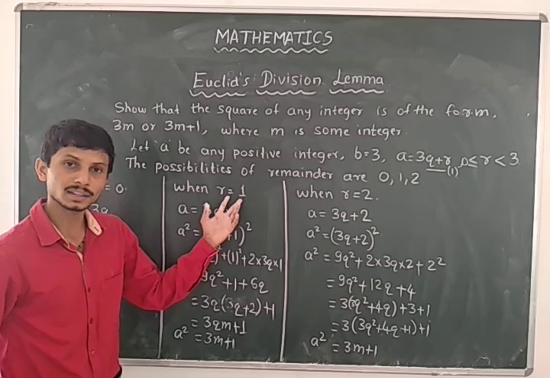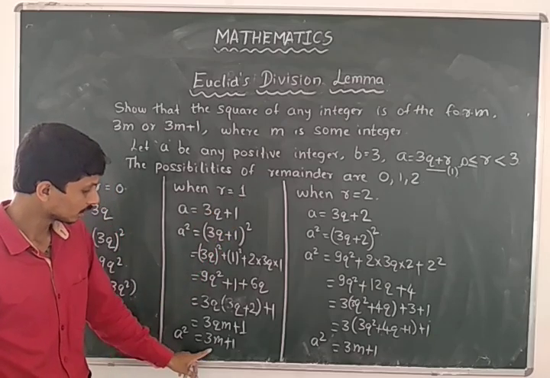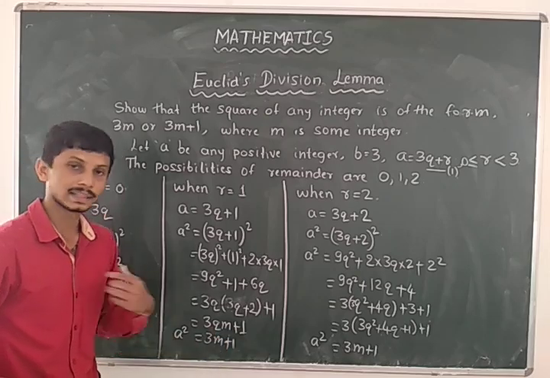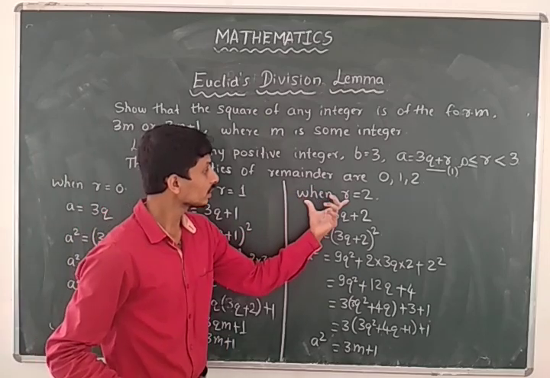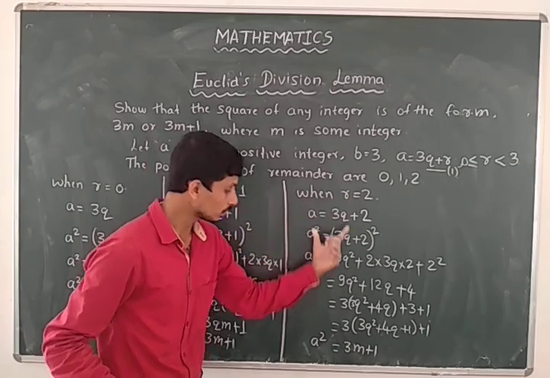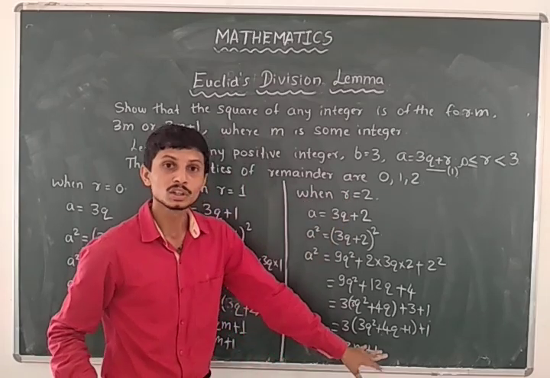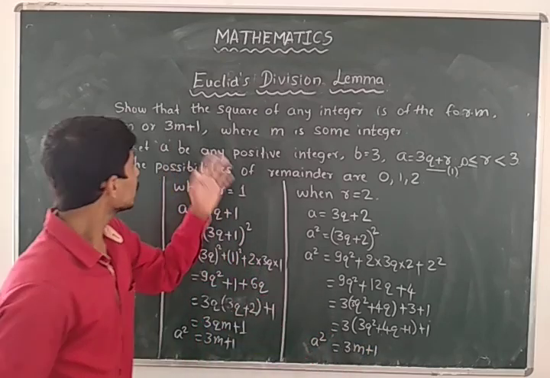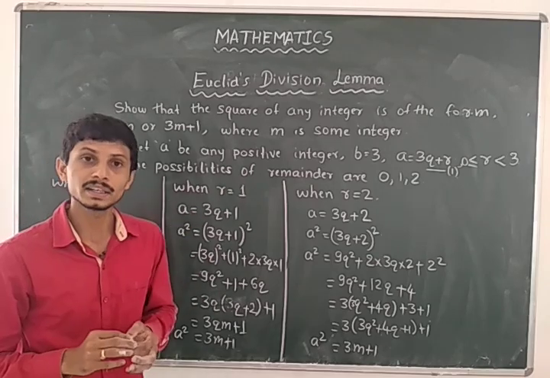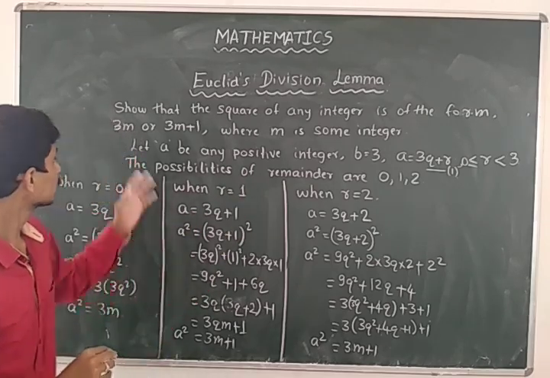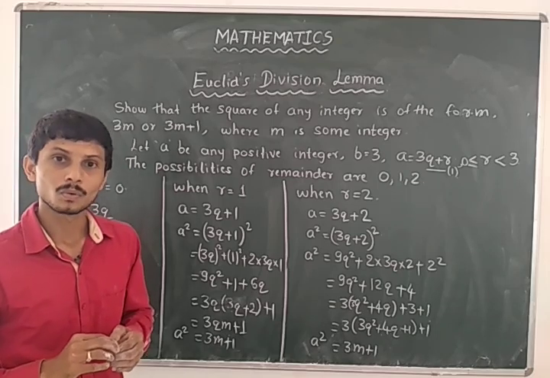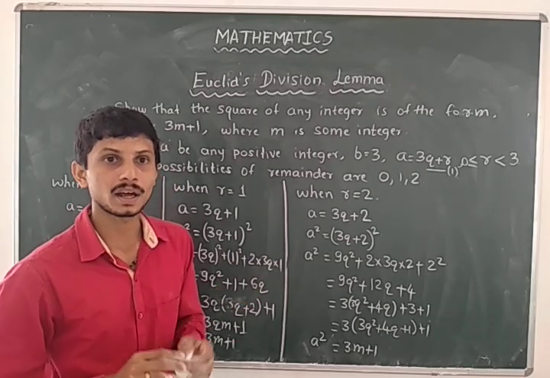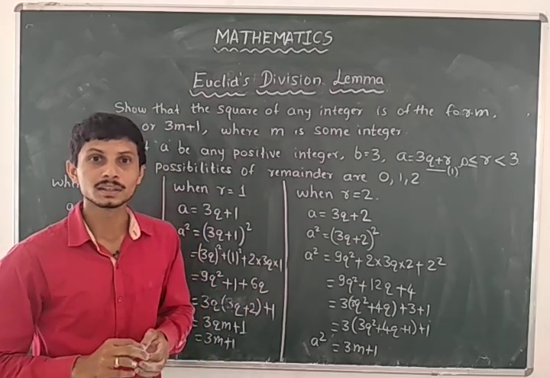When we take r is equal to 1, we got 3m plus 1. When we take r is equal to 2, we also got a square is equal to 3m plus 1. So that means the square of any integer is of the form 3m or 3m plus 1. These steps are by using Euclid's division lemma.